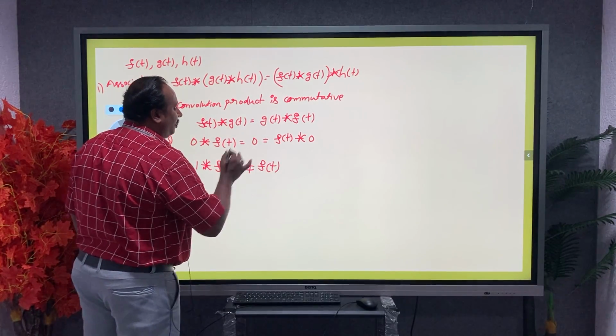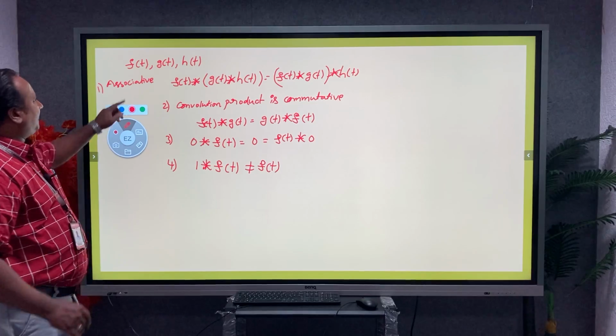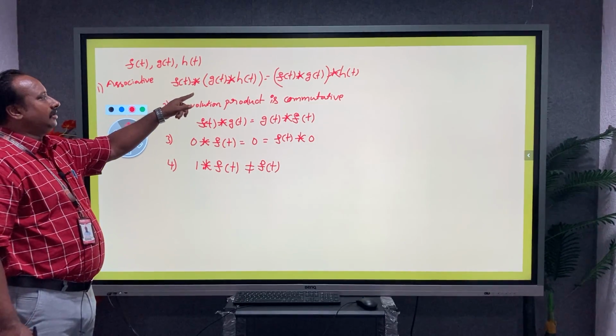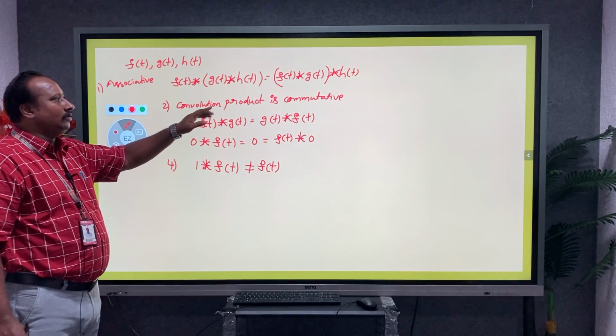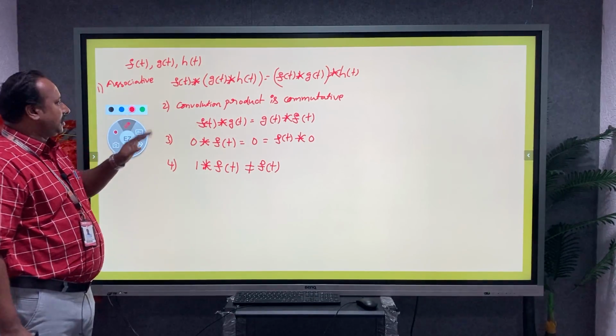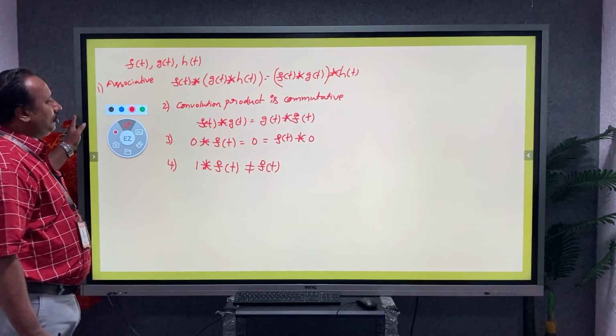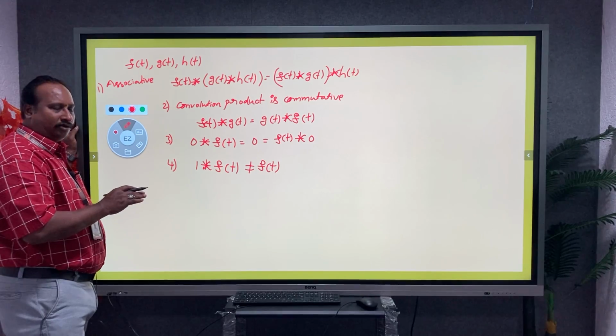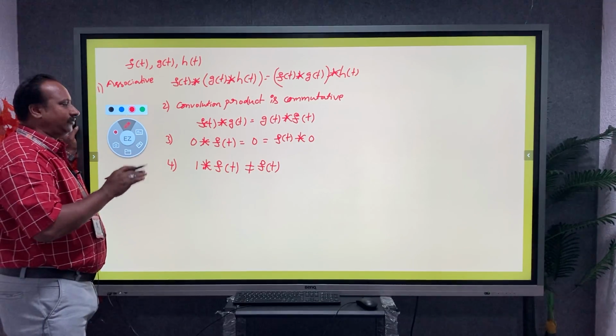Once again I will repeat. First one, convolution product is associative, that is f of t star g of t star h of t equal to f of t star g of t whole star h of t. Second one, convolution product is commutative, that is f of t star g of t equal to g of t star f of t.